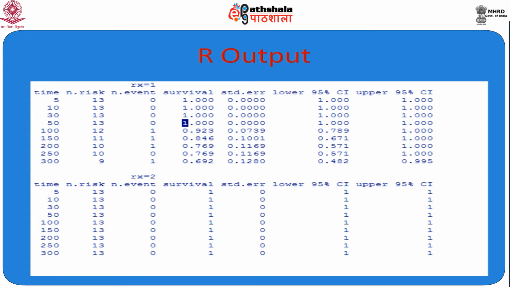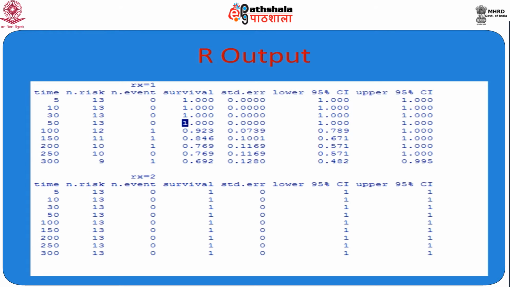We can see that the number of patients at risk till 5 days was 13, and it was the same till 100 days. After that, in the interval 100 to 150 days, one patient died, and it reduced from 13 to 12. Thereafter, another patient died in the interval 150 to 200 days, and it reduced again to 11. Like that, again, in 250 days to 300 days one patient died.